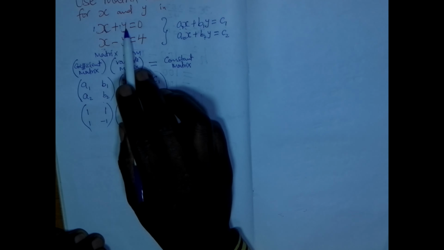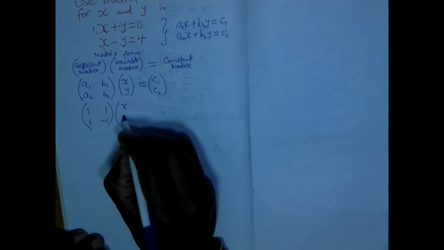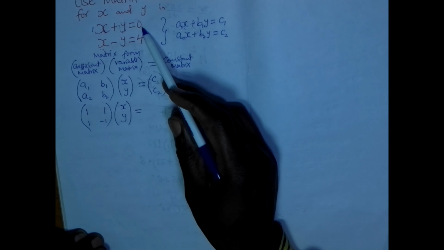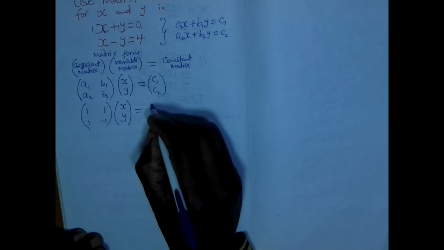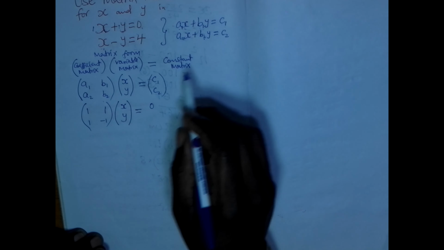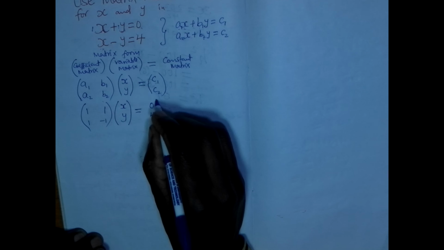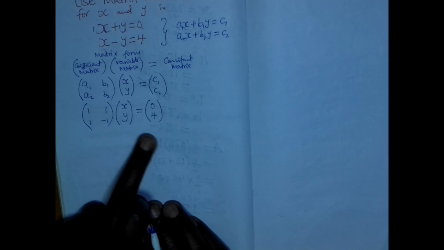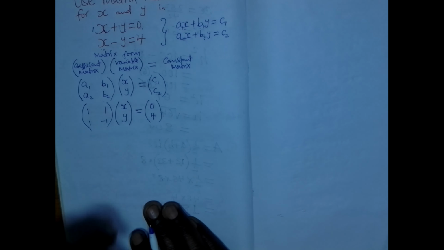Here we have x and y, so it should follow that order. It will be equal to the constant matrix, which in our case is c1 equals 0 and c2 equals 4.